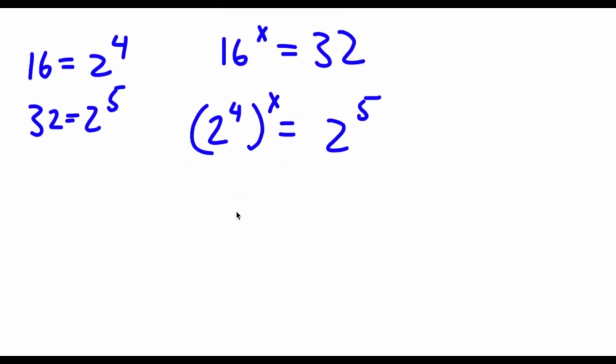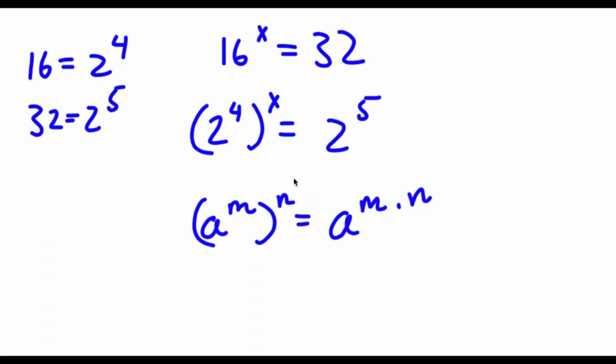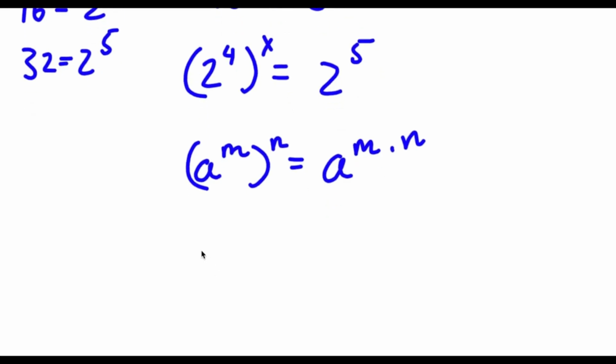Now, if I have something in the form a to the power of m to the power of n, this is the same thing as a to the power of m times n. So in this case, I have 2 to the power of 4 to the power of x. That's going to be equal to 2 to the power of 4 times x, and 4 times x is the same thing as 4x. So now I have 2 to the power of 4x is equal to 2 to the power of 5.